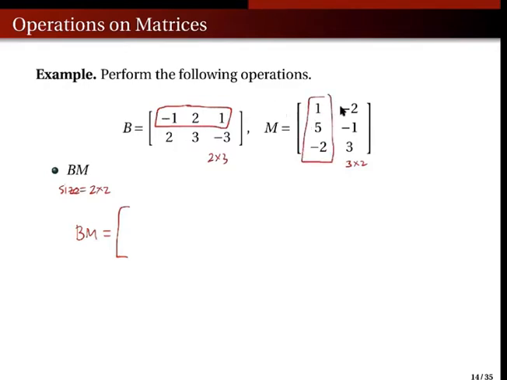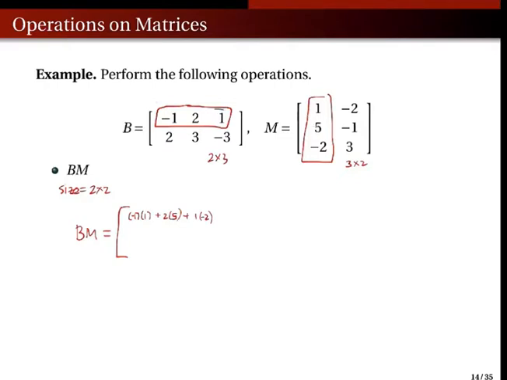You have -1 times 1, plus 2 times 5, plus 1 times -2. So that's your first row, first column.